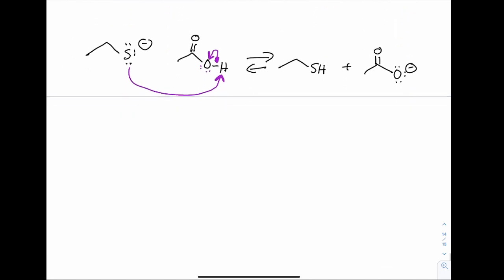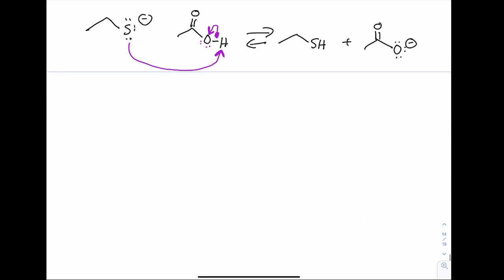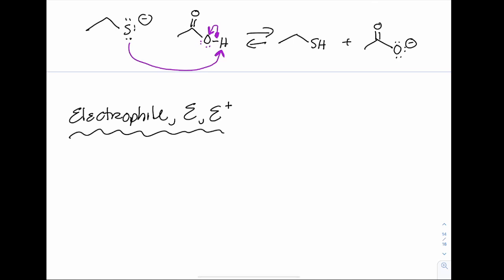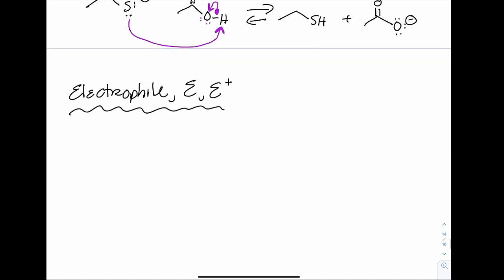So two new terms that I want to introduce also in this video are electrophile and nucleophile. These are going to come up again, and we'll use them quite a bit, but now is a really good time to introduce them. So an electrophile, abbreviated a capital E, sometimes a capital E with a positive charge. Our electrophile is going to be an electron poor site.